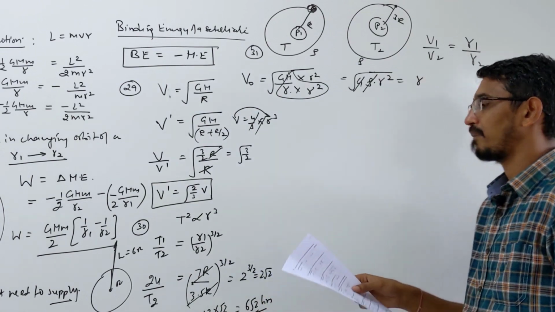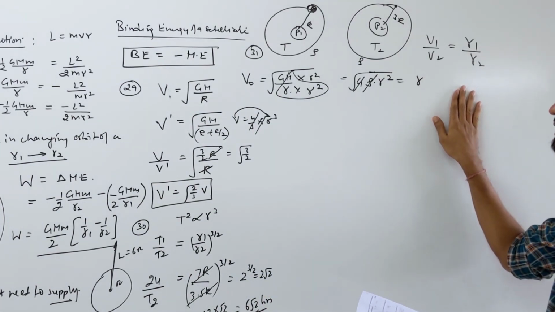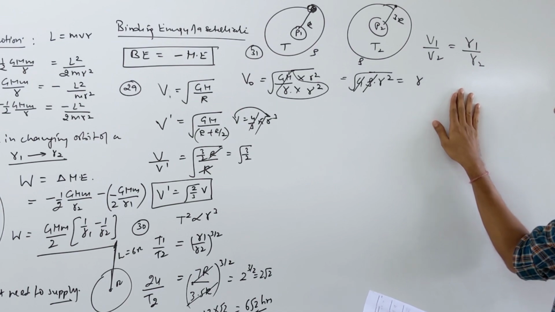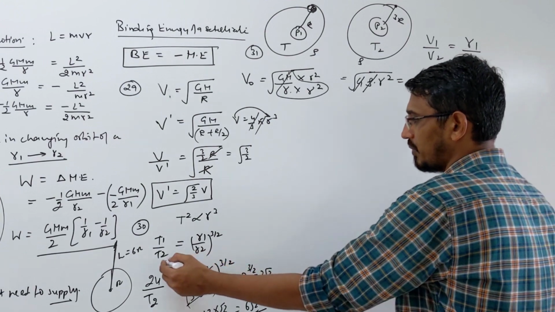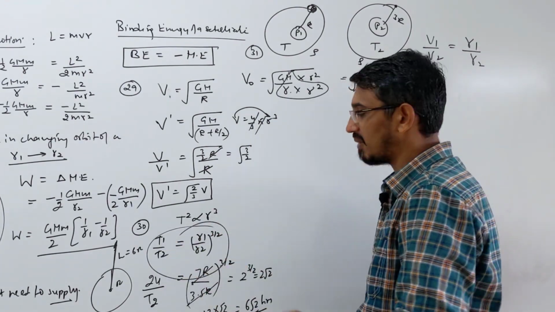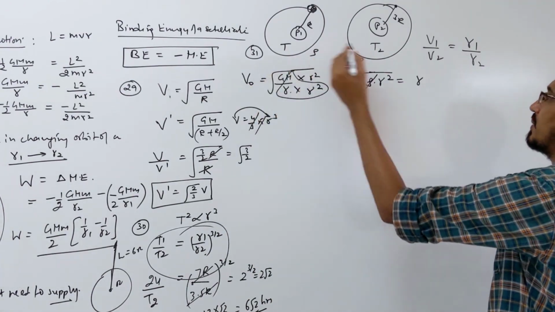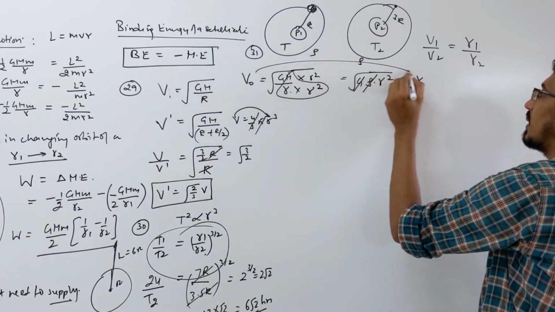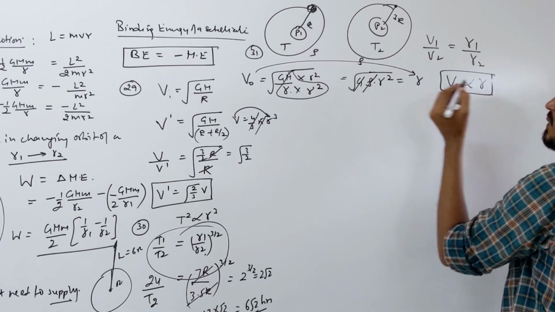Even if you know orbital velocity relations, then you can find time period, that also you can do. In real, this question you should solve directly using the formula itself, but you need to write the complete formula, here mass also coming. But this is also okay. We found this relation: V naught is proportional to R. Done. Now we need time.